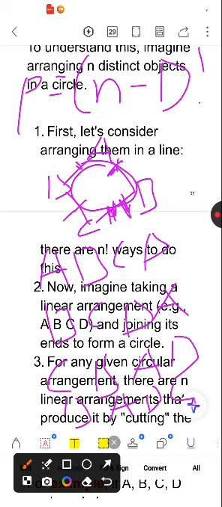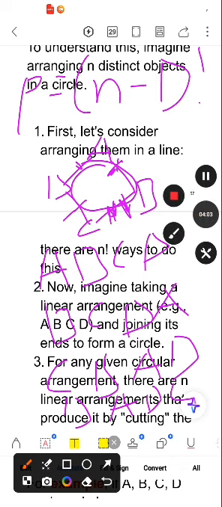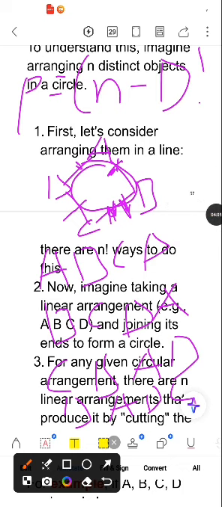Just remember, anytime each letter begins, a new permutation is formed. So A began, and a new permutation was formed. B began, C began, and the same in that accord. So that is how we get 4 from this.